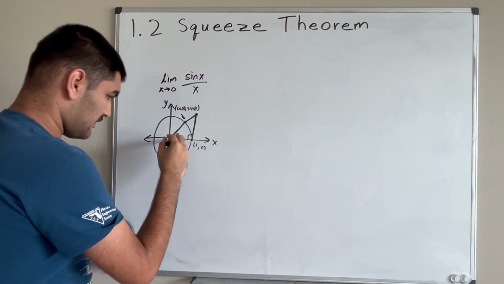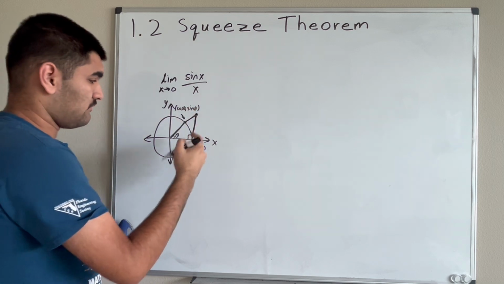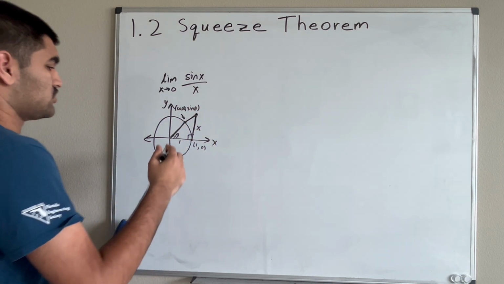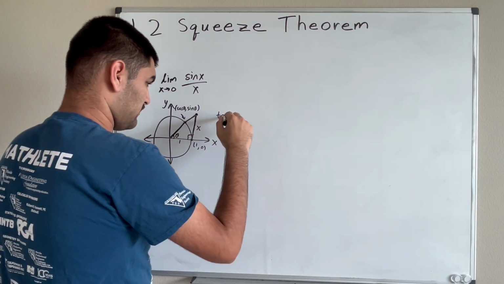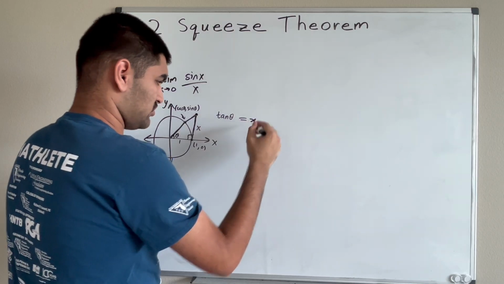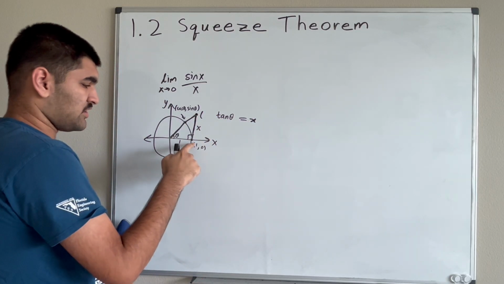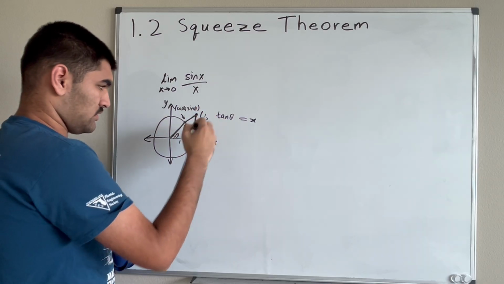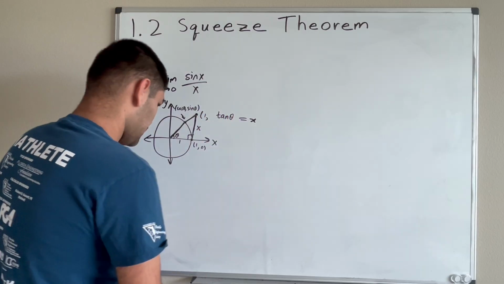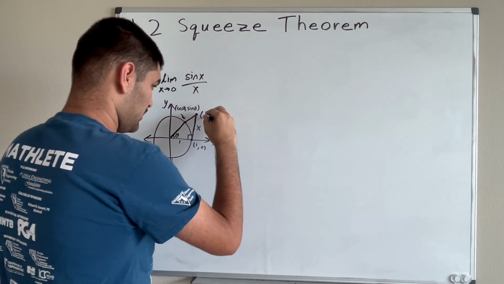Well, we know that this length right here is length 1. So let's just call this vertical length x, right? Now we can use our trig functions. If we consider tangent of theta, that's equal to opposite over adjacent, so that's x over 1, which is just x, right? So the x coordinate of this point is just 1, and the y coordinate of this point is just x, which is equal to tangent theta. So therefore, this point right here is (1, tangent theta).